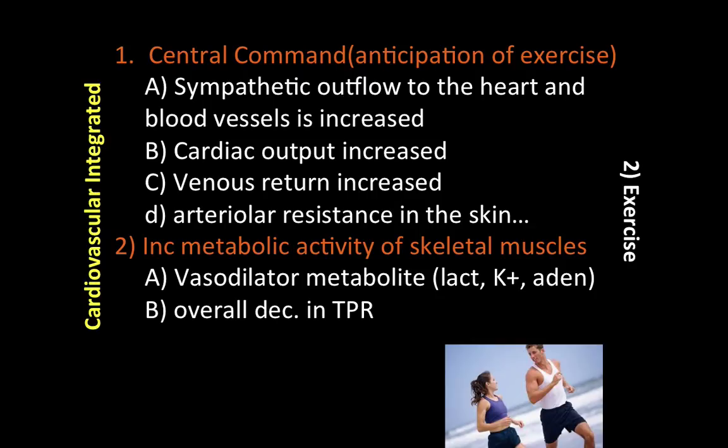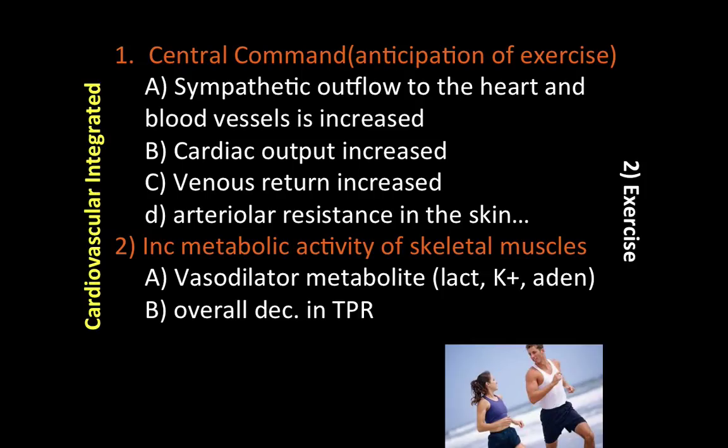As we talked about in previous videos, these metabolites cause arteriolar dilation in the active skeletal muscles, which increases skeletal muscle blood flow, what we called active hyperemia. As a result of the increased blood flow, O2 delivery to the muscle is increased, which is what we need when we're exercising. The number of perfused capillaries is increased, so that the diffusion distance for the O2 is decreased.